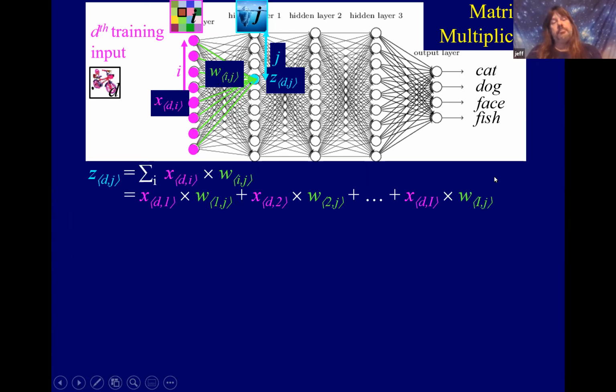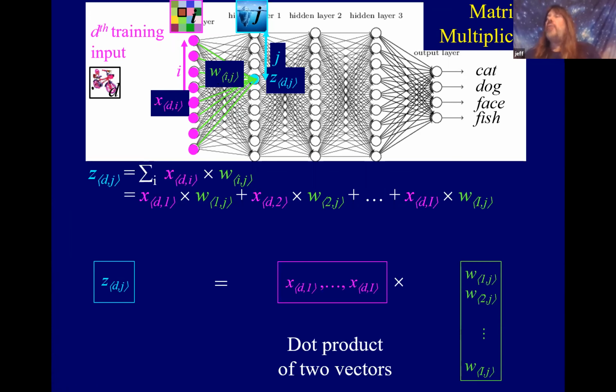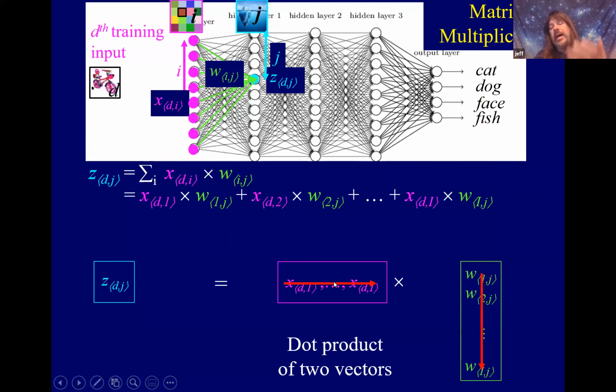I've told you already that this is kind of a dot product. Here's a vector, and here's a vector of numbers. When you take a dot product, you multiply like that: this number times this number, going around like this, and then you add them all up and put that sum over here.